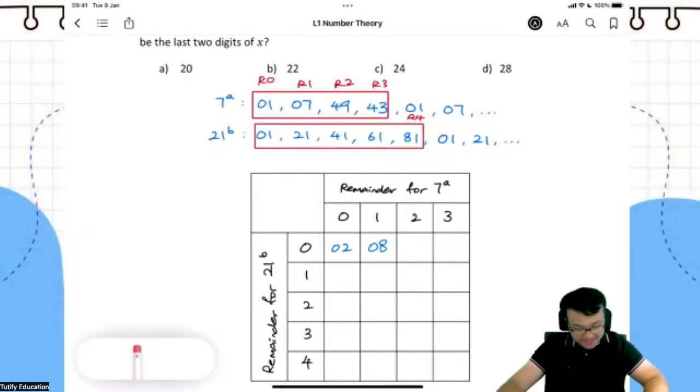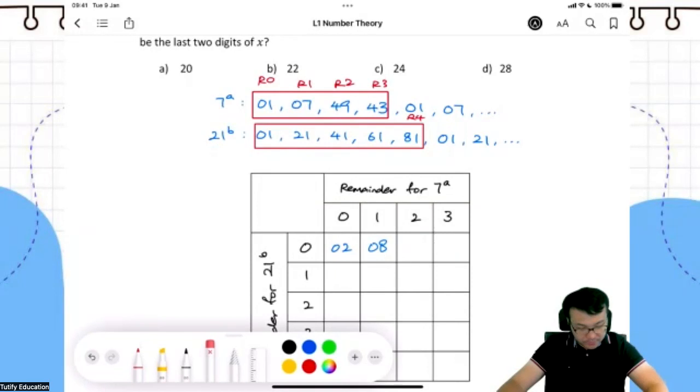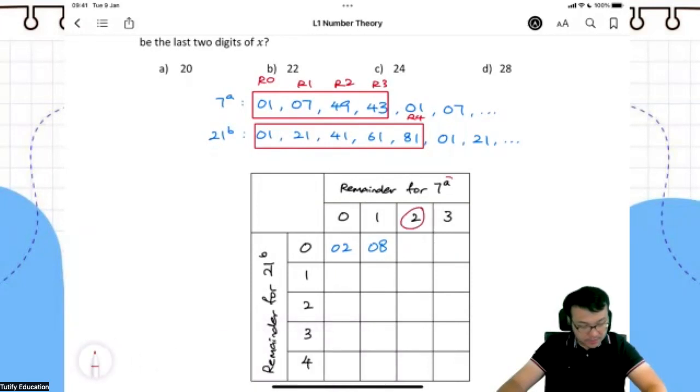Now, Zachary, can you tell me when you have the remainder of 2 for 7a, right? Which number are we looking at? Which are the last 2 digits? When you have remainder 2 for 7a, what number is that? The last 2 digits is 49. 49, yeah.